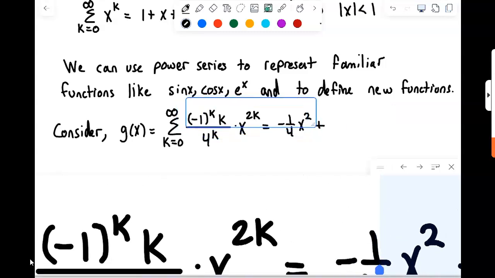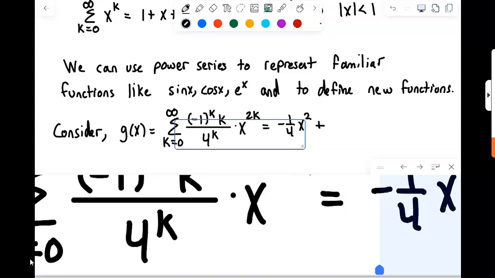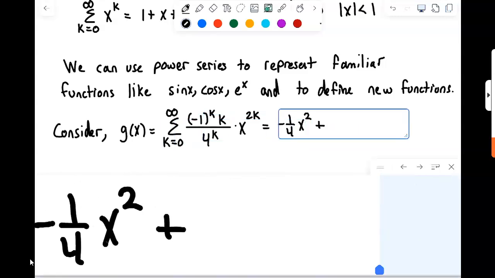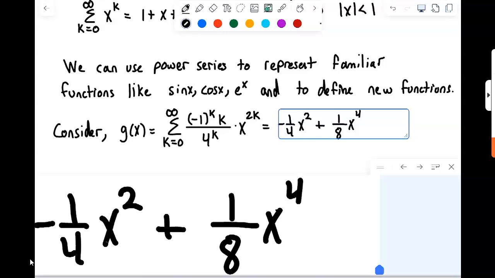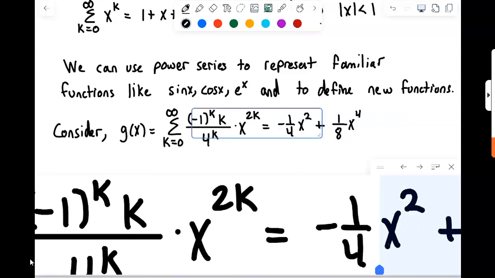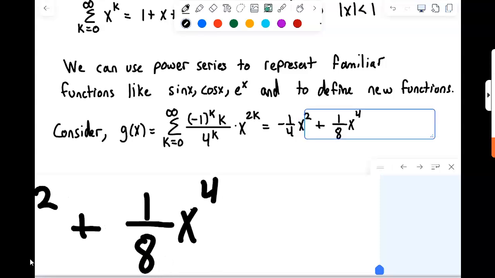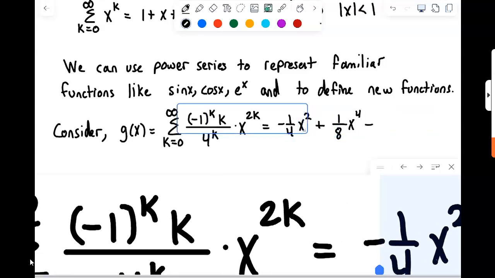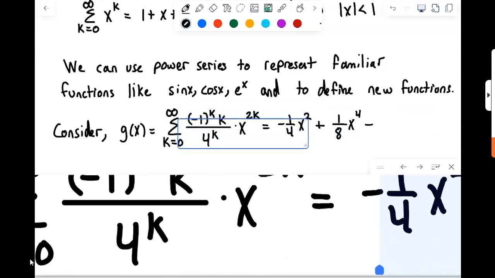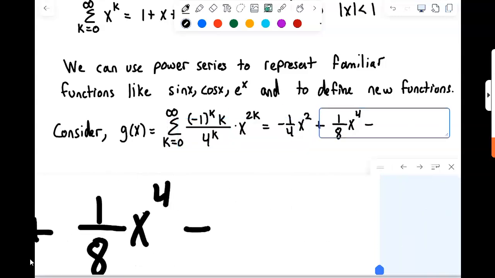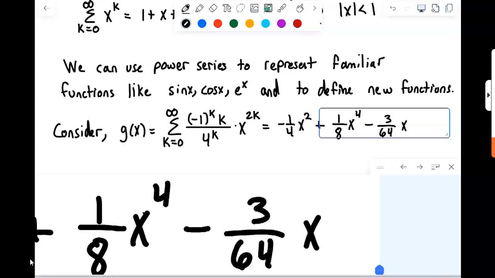That's going to be 2 over 4 squared. 2 over 16 would be 1 over 8 x to the 4th. And then we continue on. We plug in 3 for k. That's going to be a minus sign again. That's going to be 3 over 4 to the 3rd, which would be 64. It's going to be 3 over 64. And then x to the 6th power, and so on.